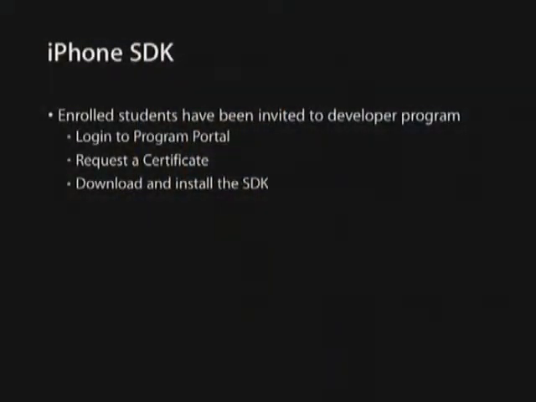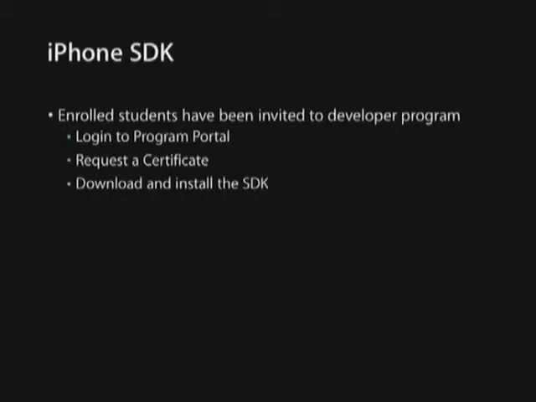All right, so the next thing I want to talk about is the iPhone SDK. In order for you to start developing, everybody has a Mac, right? Everybody has access to a Mac. I see a lot of silver lids open right now. Of course, you need to get the iPhone SDK if you're going to do any development. It has all the Xcode tools, Interface Builder, all the headers and frameworks. In order to get that, if you received an enrollment email, you'll also have received an invitation to join the university program's developer program.